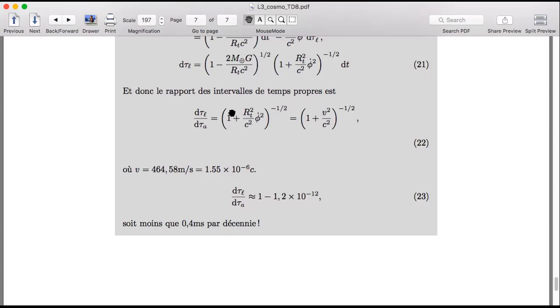And here, I'm comparing a clock that is at the same gravitational potential in the Earth's gravitational field, but one's moving with respect to the other. So you might suspect that gravity is just irrelevant here, and all I've got is clocks moving with respect to each other. And that's true.